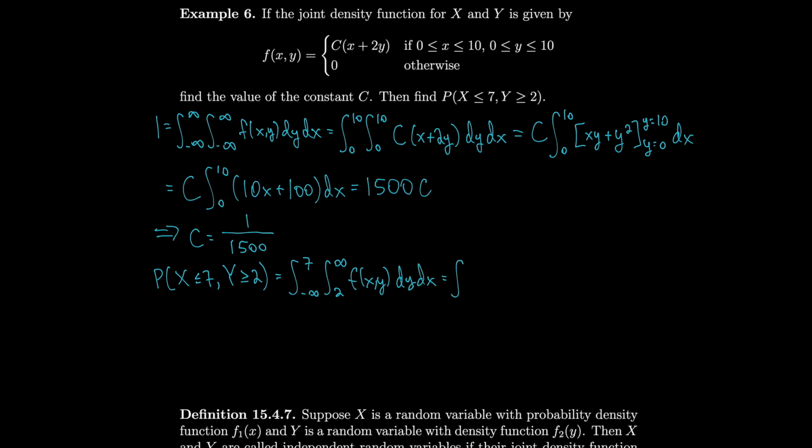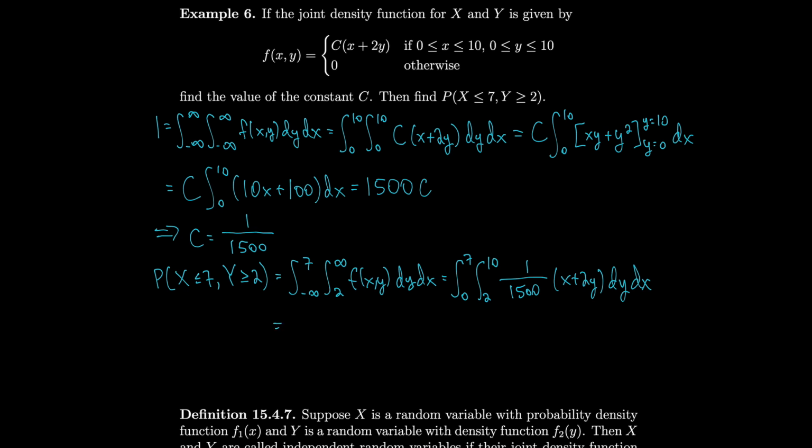So remember, there's no contribution beyond 0 for either x or y, so that means that we can integrate from 0 to 7 and then from 2 to 10, because beyond 10, below 0, it's just 0 anyway. And then f(x, y) is c times x plus 2y, but we calculated c was 1 over 1500, so I'll plug that in now, and x plus 2y dy dx.